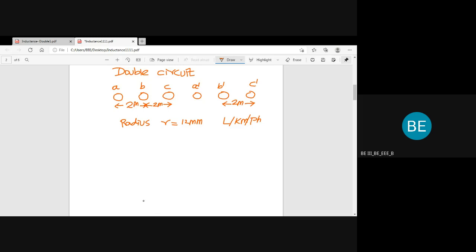So first we have to compute the R dash value. So the formula for R dash is 0.7788 R. So R I am considering 12 millimeter. So I will convert that into meter.